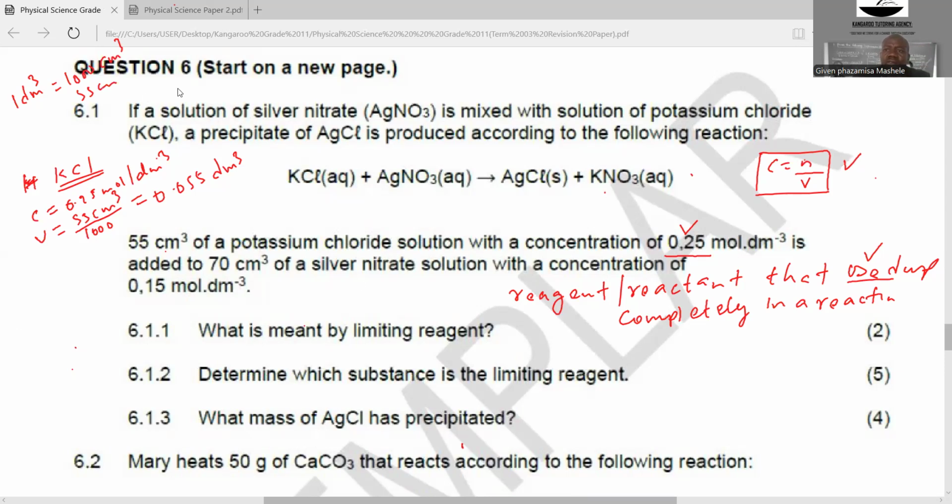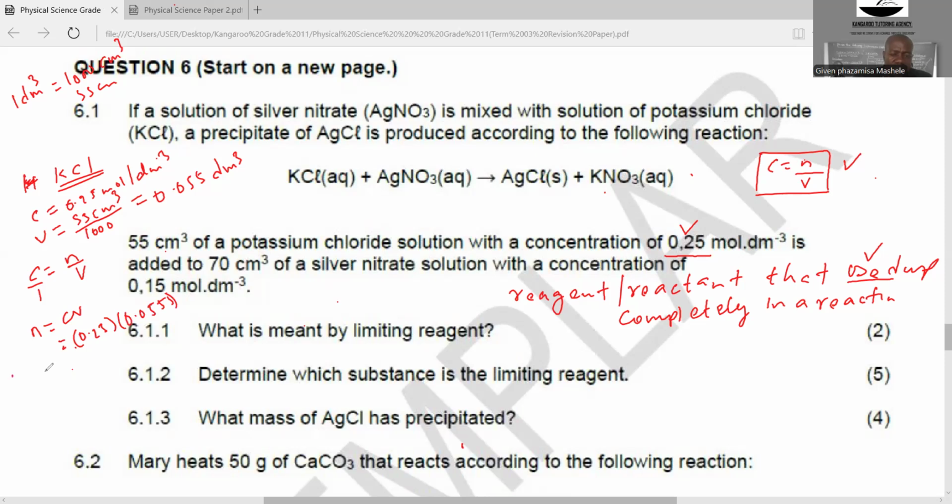So now we can calculate the number of moles of potassium chloride. To do that, we say concentration is the number of moles over volume. Then make the number of moles the subject of the formula: n equals CV. Then C will be 0.25 multiplied by 0.055.